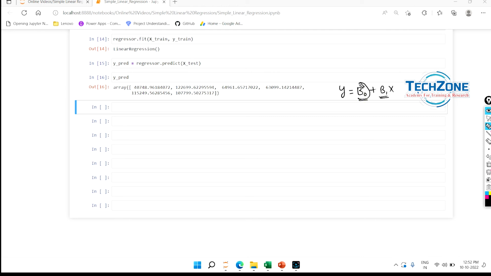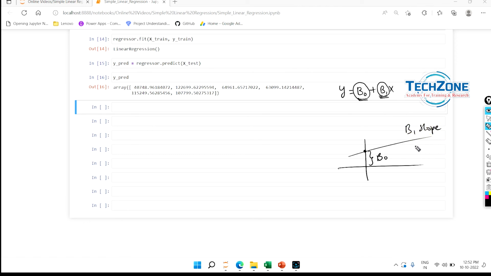Let us go ahead and find what our coefficients are. If we have x and y values, this is our b0, the y-intercept, and b1 is the slope of this line.